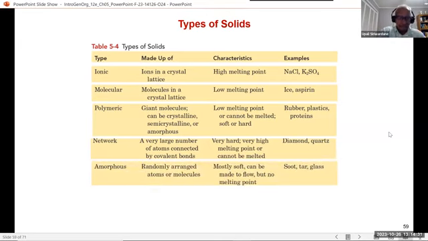The fifth material is amorphous. There are solids where the atoms and molecules are not arranged in a regular order. They are randomly distributed. They are soft solids, and they can be made to flow, but have no fixed melting point.